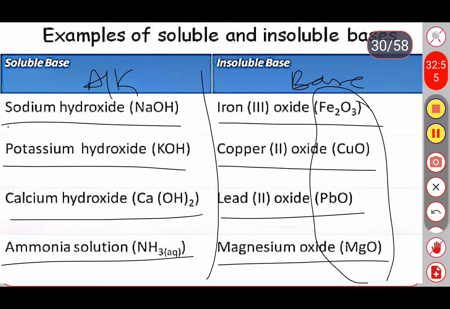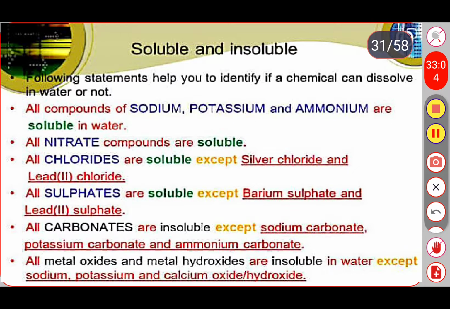Yes, some more information is given about the soluble and insoluble bases. The following statements help you to identify if a chemical can dissolve in water or not. With the help of these statements, we can easily identify whether the basic substances completely dissolve in water or not.